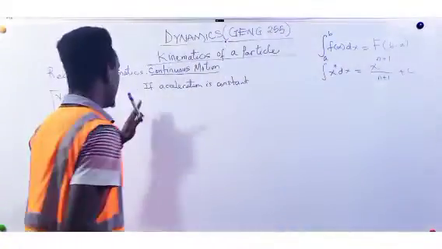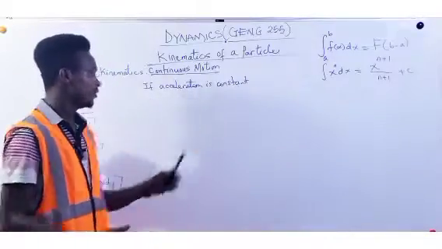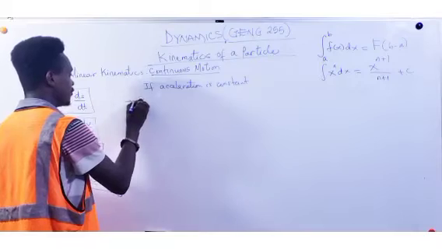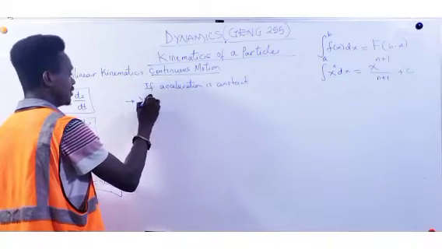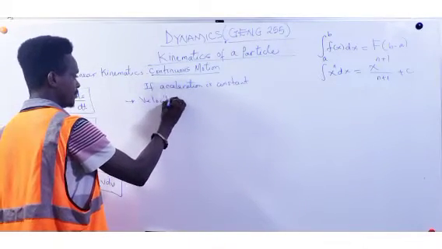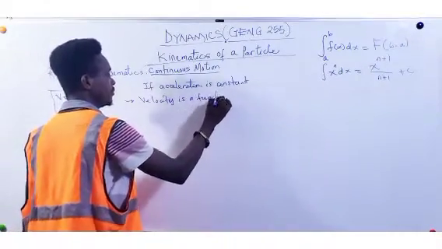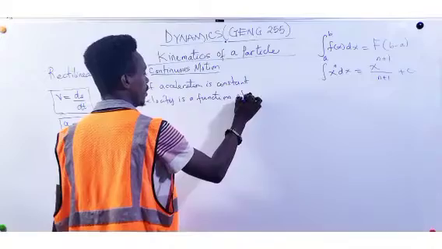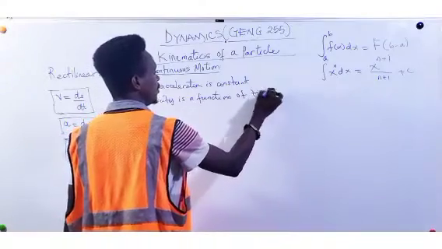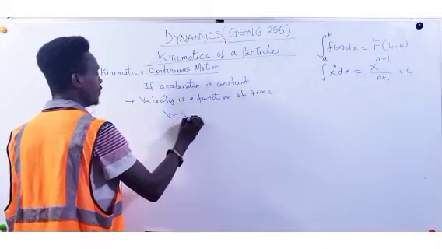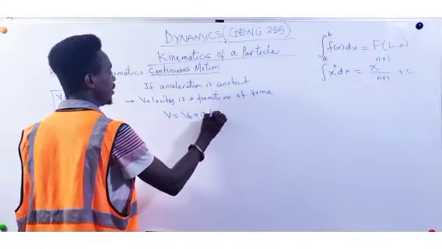So again, when acceleration is constant, we can relate our velocity as a function of time. We say that the formula will be v equal to v naught plus ac t, where acceleration is constant.